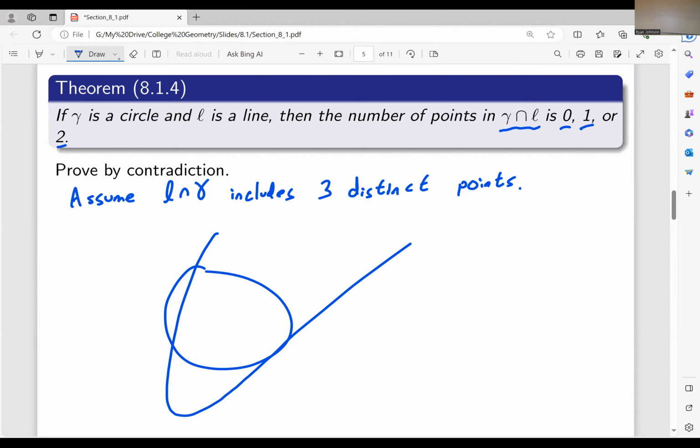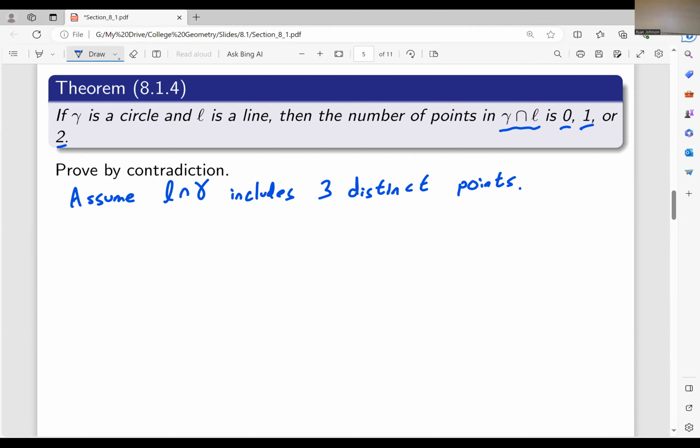And so instead, think of I've got a line and I've got, say, named points A and B and C. I've got at least 3 distinct points, and here's O, the center of my circle. I don't have to draw the circle.